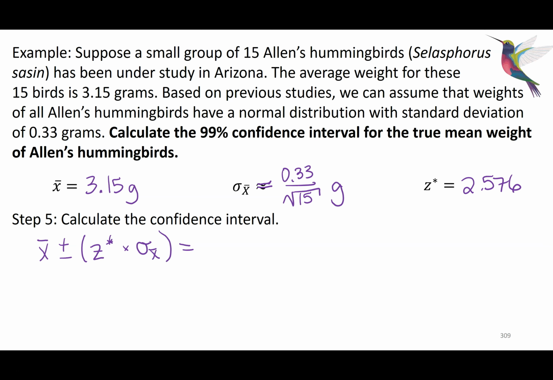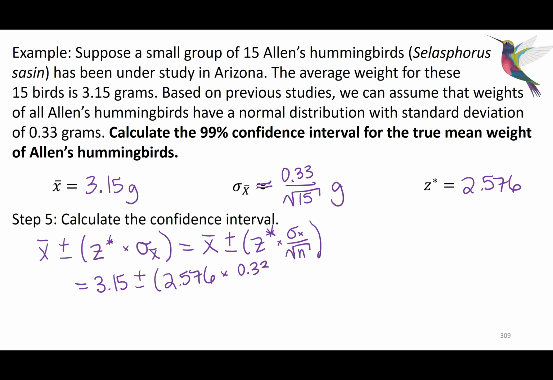I'm just going to replace that with sigma of x over root n. So that's going to be 3.15 plus or minus 2.576 times 0.33 over the square root of 15.